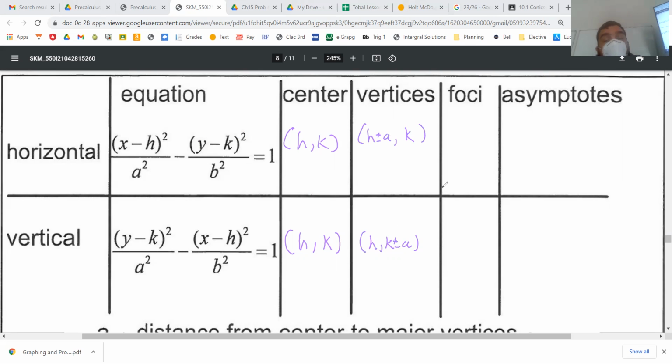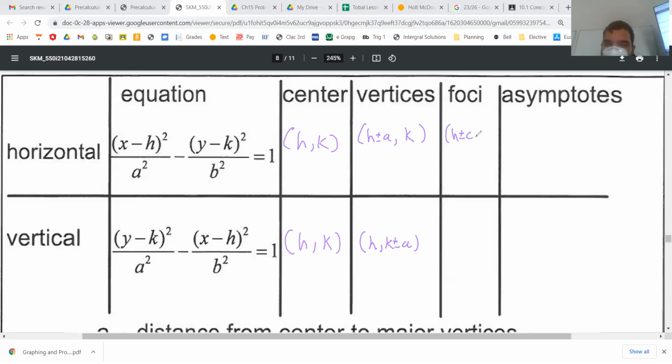All right, the foci. The foci is also on the major axis, so it's going to follow the same concept. It's just, instead of A, what's the letter we're going to add or subtract? C. There's not even a C in the whole equation.